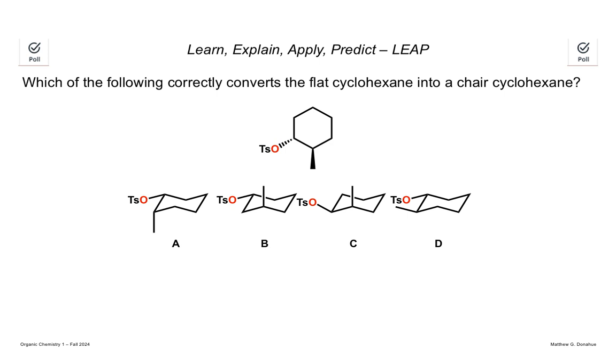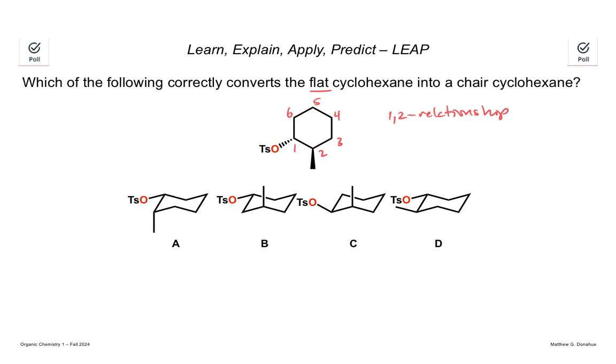So we spent time converting the flat cyclohexane into the chair cyclohexane. It says, which one of the following correctly converts. So one thing we might want to do is just put some numbering in, and that might not be the right numbering for the name, but at least it shows us that there is a 1-2 relationship between the tosyl group and the methyl group.